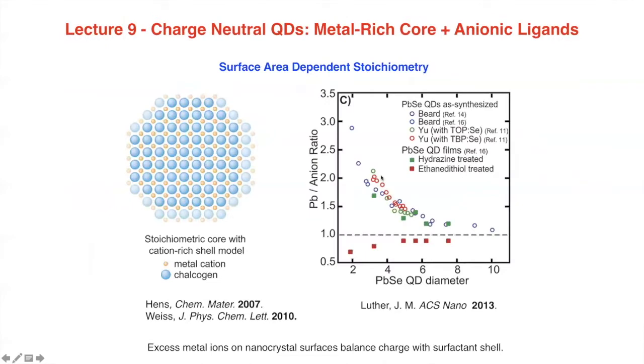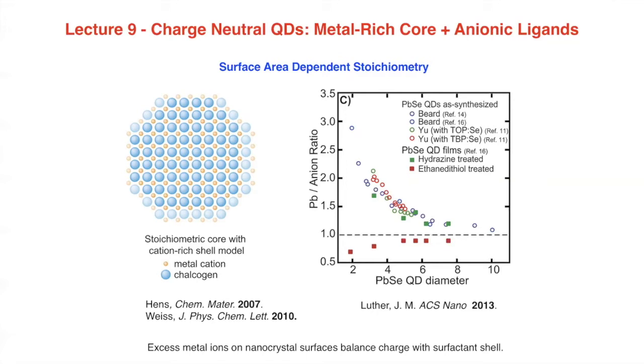So an important discovery in this area was the realization that many nanocrystals do not have a simple formula, but actually are enriched in either metal or chalcogen ions.